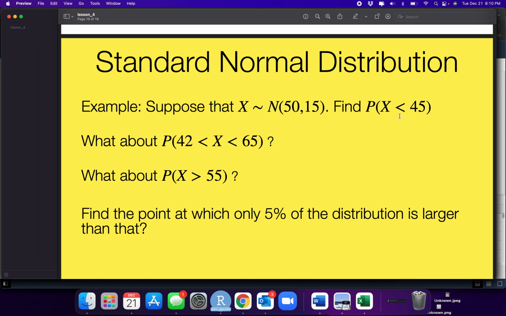And so for our purposes, less than and less than or equal to are not different. They are the same. And so a CDF finds exactly this: the probability that x is less than 45.